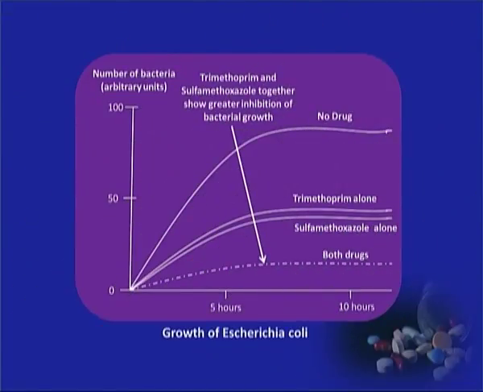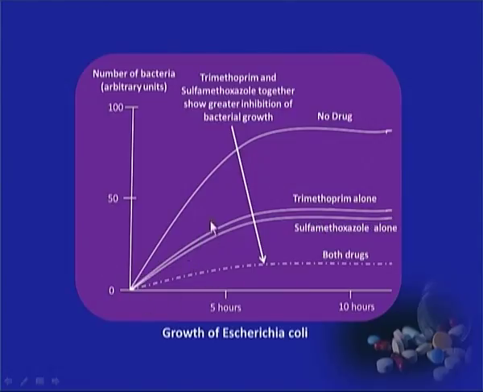As you can see in this graph, on one side there is the number of bacteria in arbitrary units and on this side time. We are checking the growth of E. coli. If we do not use any drug, the E. coli will grow faster, as you can see in this graph, and if we use trimethoprim alone, the growth is this, and if we use sulfamethoxazole alone, you can see the same graph.